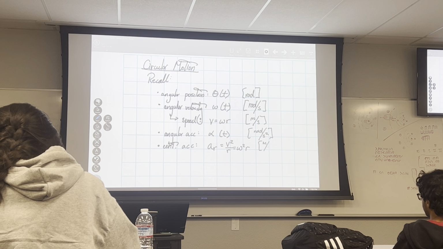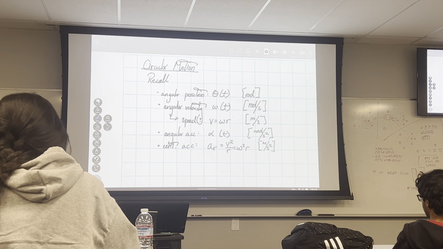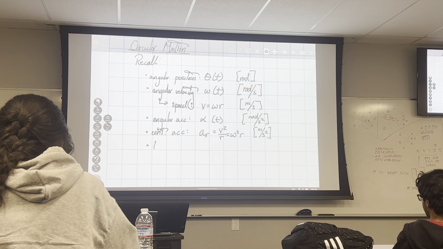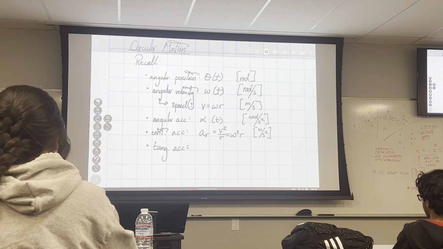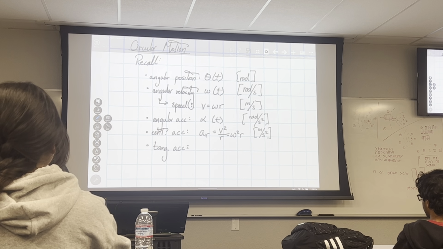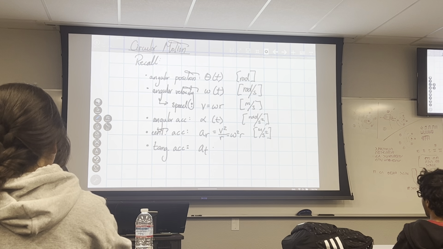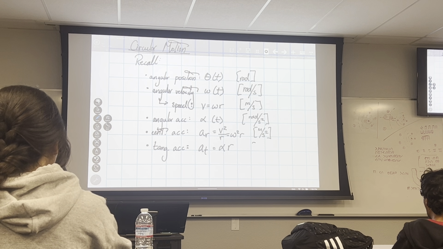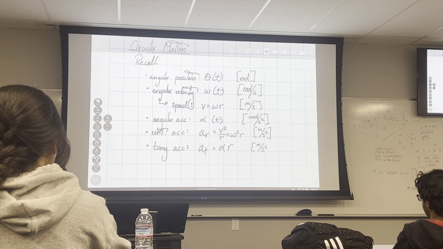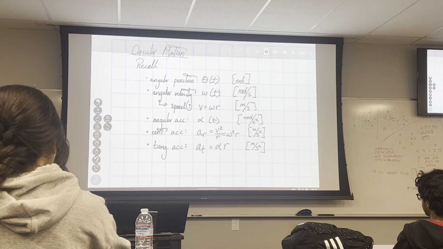This was meters per second squared. For the tangential acceleration, a_t is equal to alpha r. This also has units of meters per second squared.